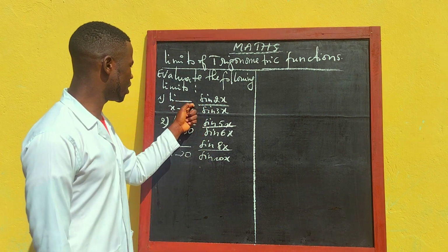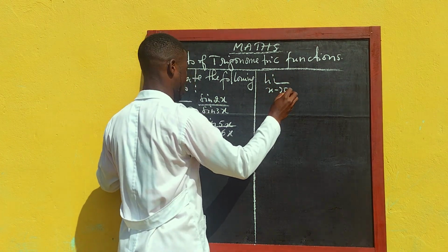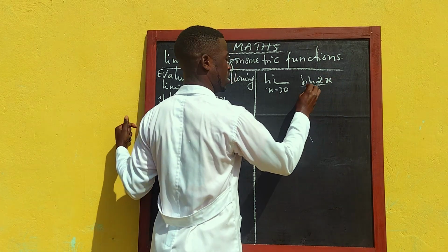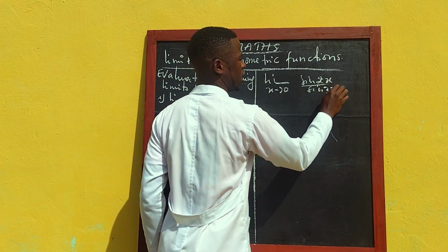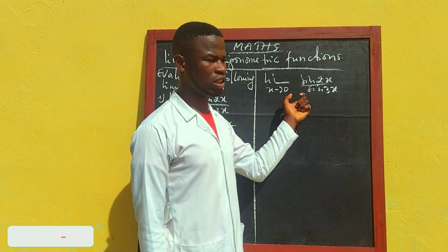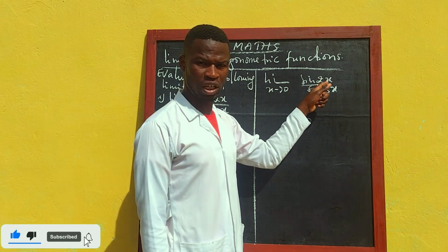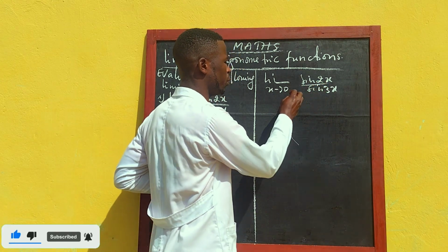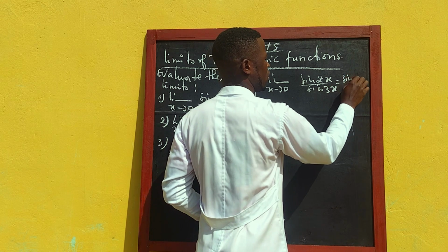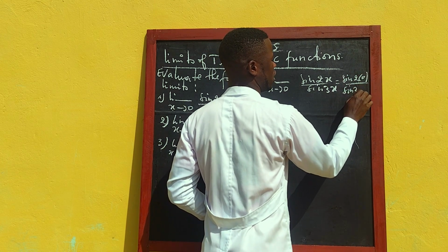We have the limit as x approaches 0 of sin 2x over sin 3x. Before doing any operation, you have to replace x with 0 in this expression. When you replace x equal to 0, what remains is sine of 2 times 0 over sine of 3 times 0.